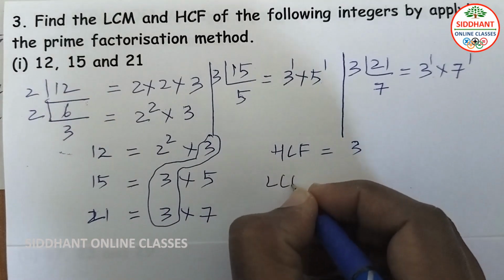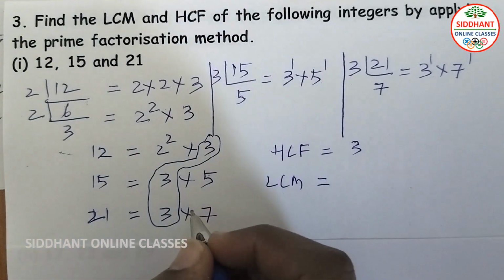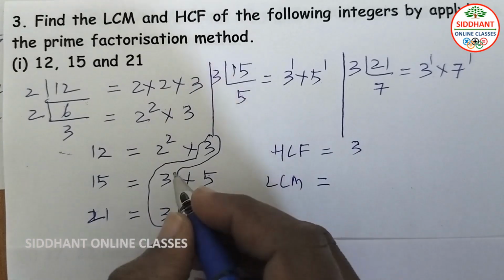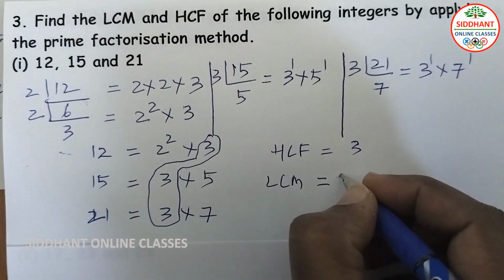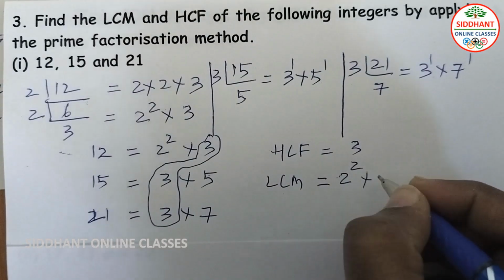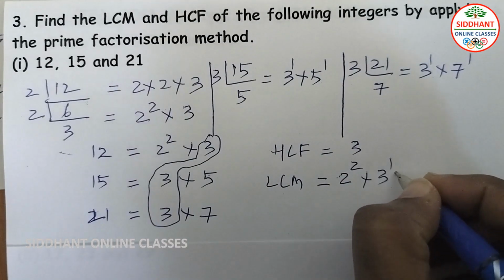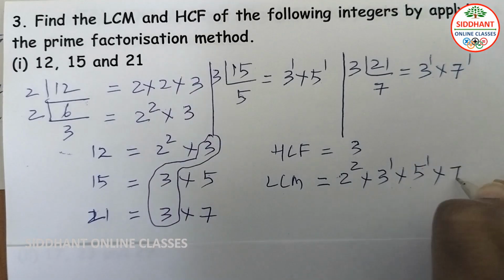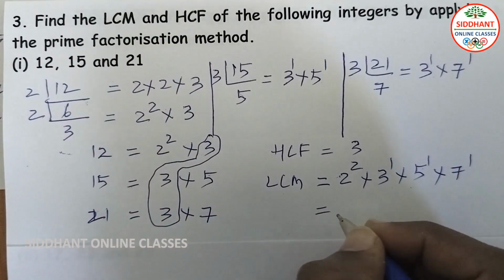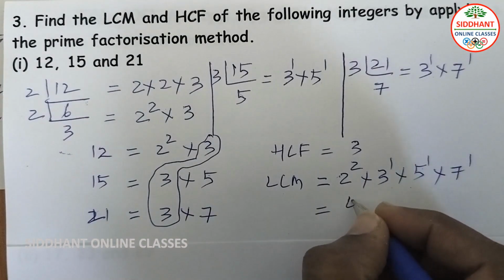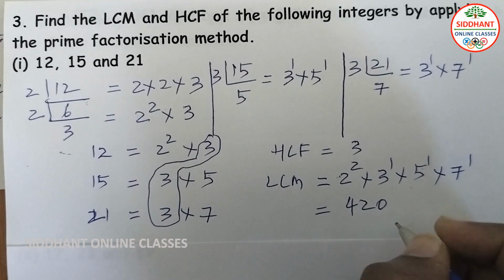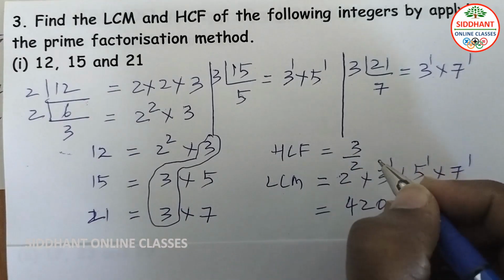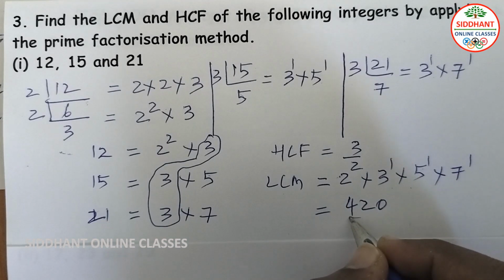For the LCM, we take the greatest power of each factor: 2 to the power of 2, 3 to the power of 1, 5 to the power of 1, and 7 to the power of 1. When you multiply it, we get 420. So HCF is 3 and LCM is 420.